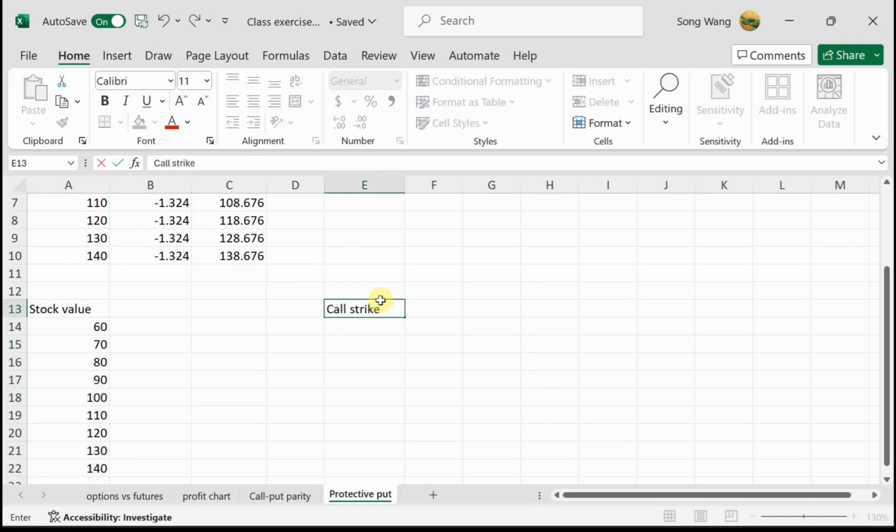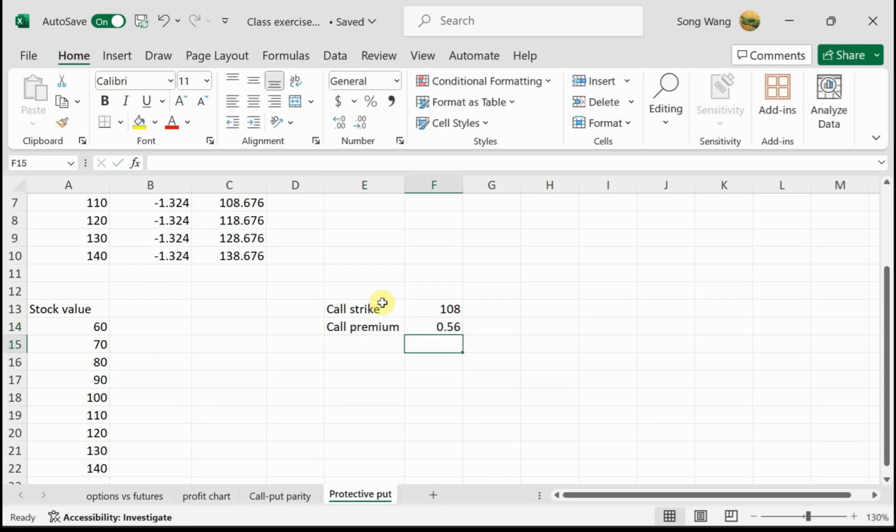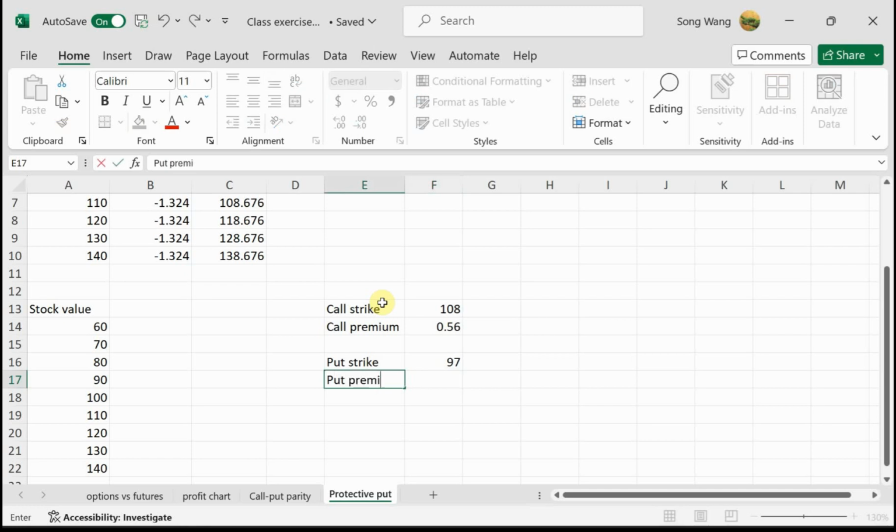It has a strike price of 108, and it has a call premium of 0.56. And there's also a put option. The put strike price is $97, and it also has a put premium of $0.56, same as the call.